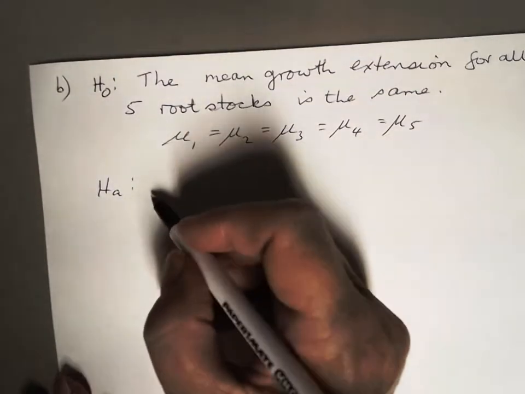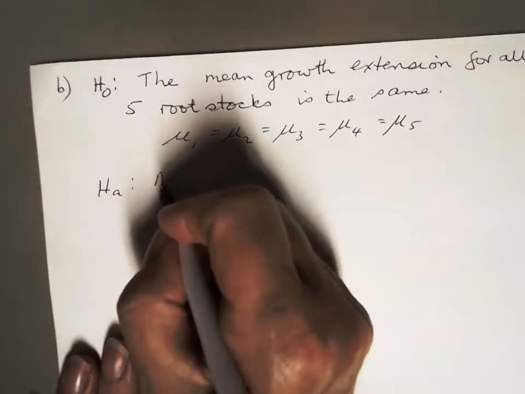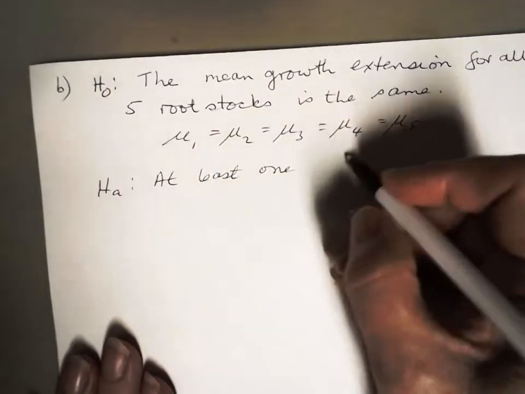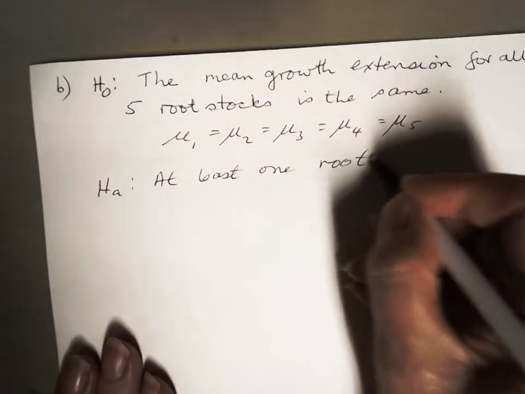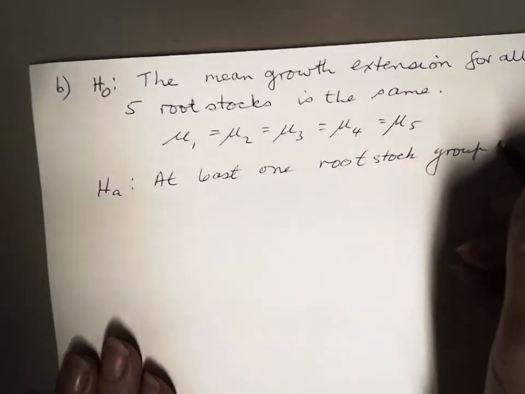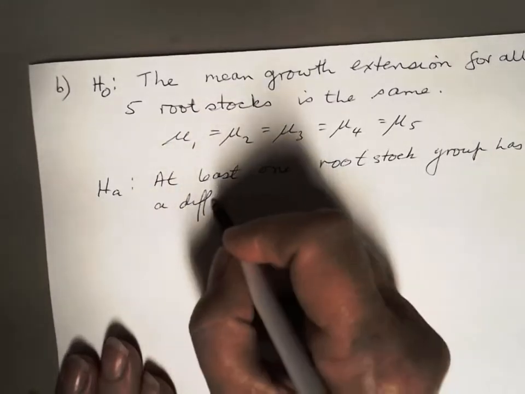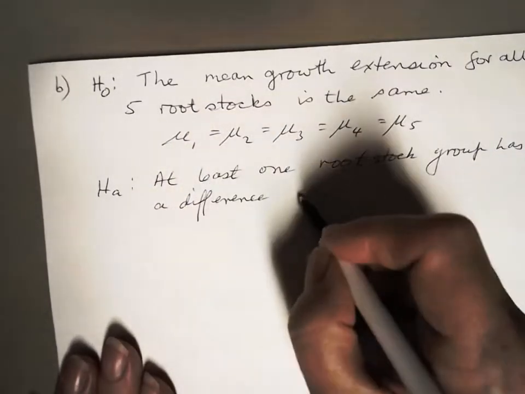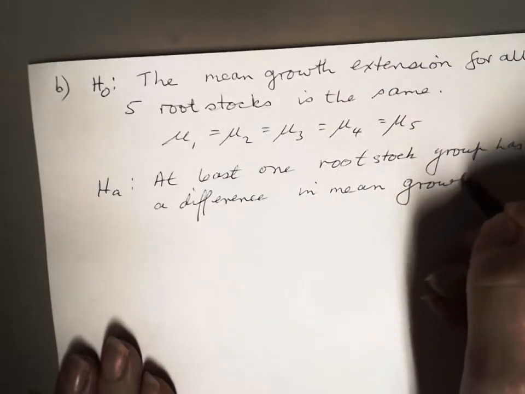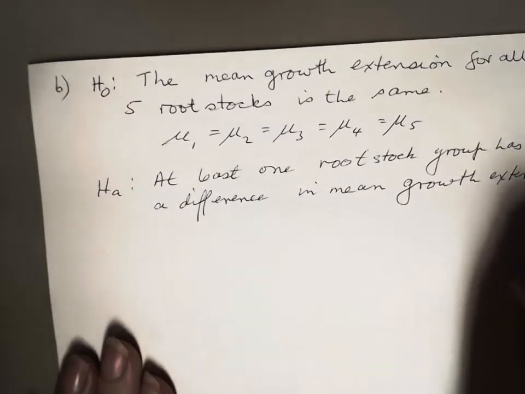So that's the null hypothesis. The alternative hypothesis would be that at least one rootstock group has a difference in mean growth extension.